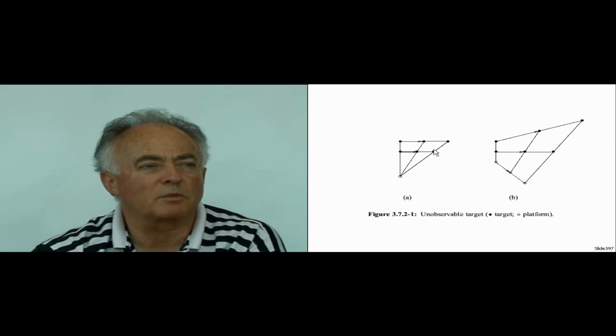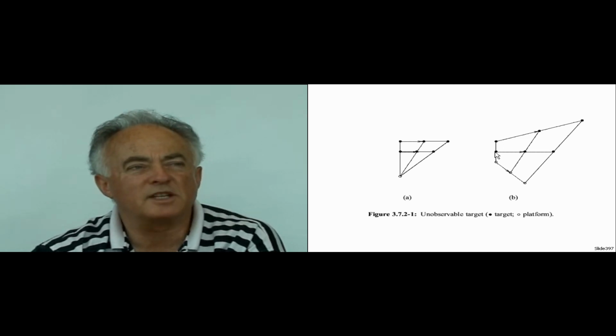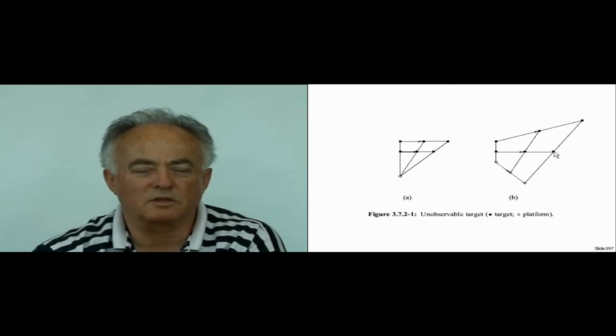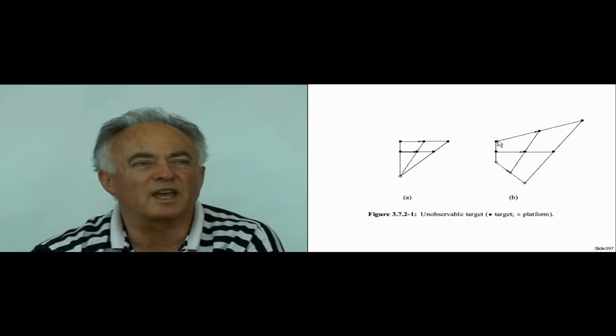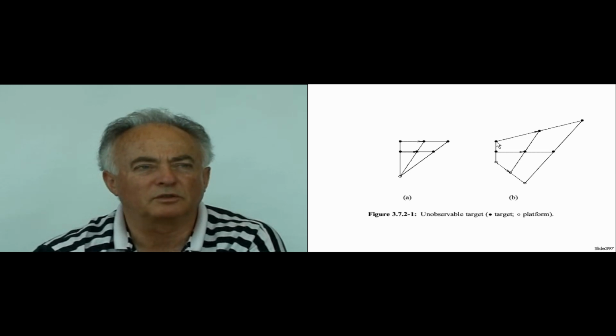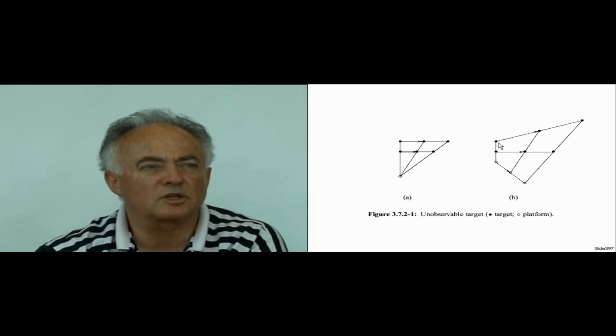Here's another example. The platform is moving at constant velocity, the target is moving at constant velocity. There is an infinity of motions, but we are just showing another motion for the target which will yield exactly the same observations, because the observations are angles of this line of sight, second this line of sight, third this line of sight.